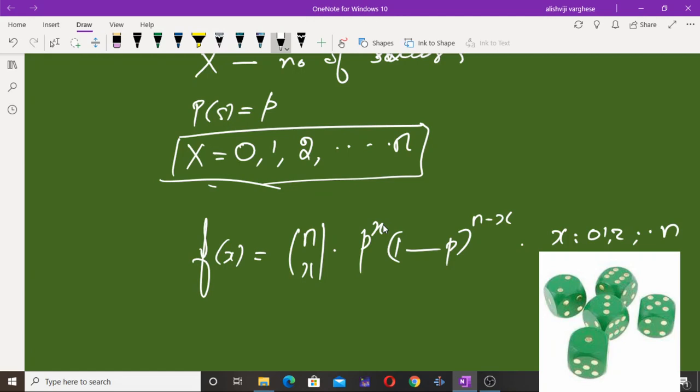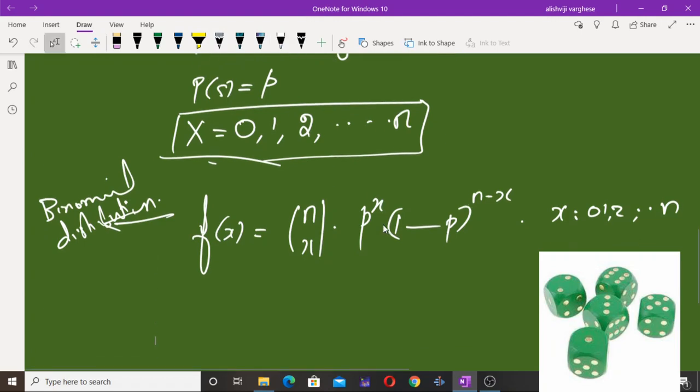And this probability density function is known as a binomial distribution. This is binomial distribution, and the random variable x is known as a binomial random variable. So here we are dealing with a random experiment which has two possible outcomes termed as the success and failure, and we count the number of success in n repetition of such an experiment.